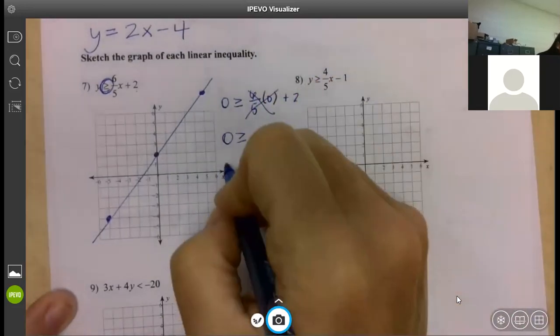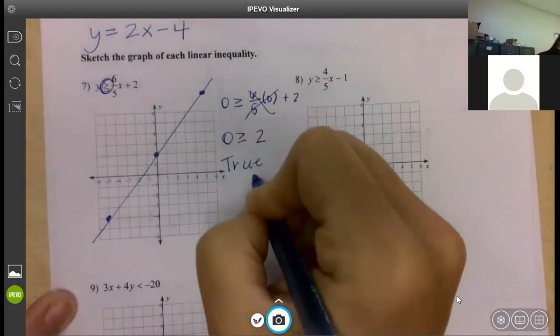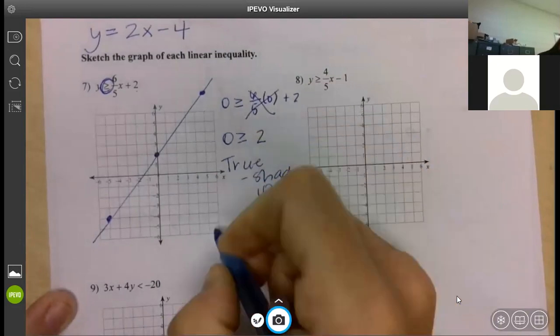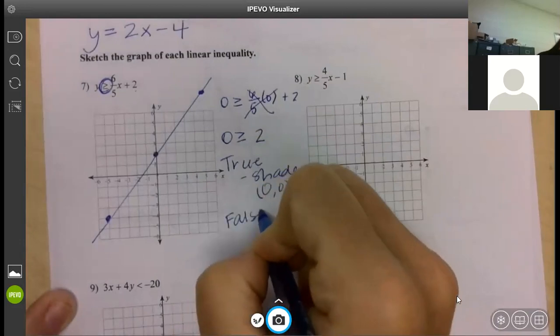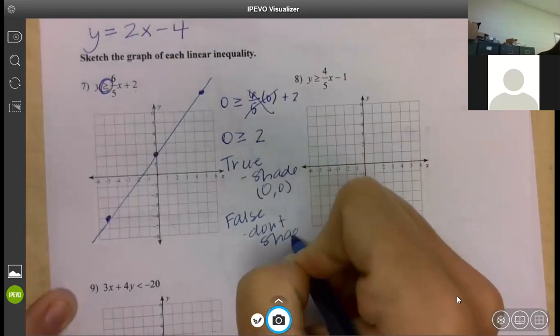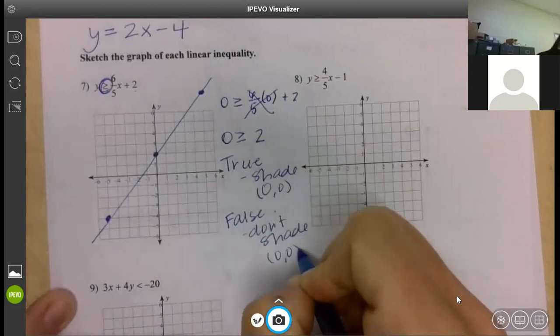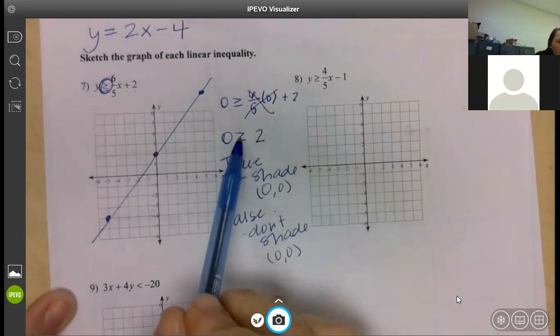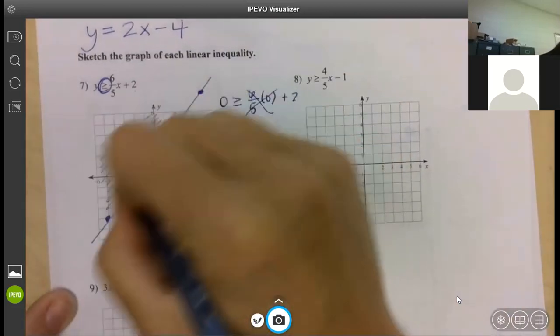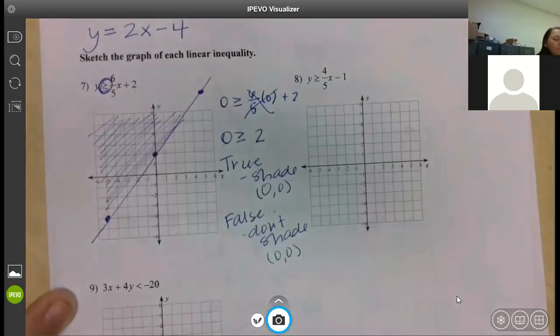If this is a true statement, we're going to shade 0, 0. If it's false, don't shade 0, 0. So 0 is not greater than or equal to 2. So we do not shade 0, 0. And that's what it'll look like.